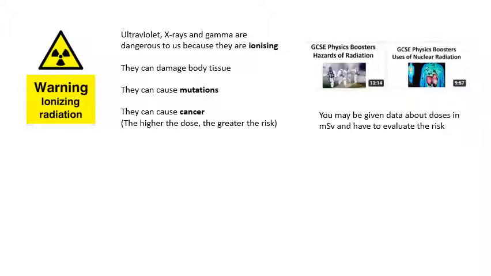So basically, ionizing radiation can damage body tissue, it can kill cells, it can cause mutations, and it can cause cancer. Cancer is when your body cells just multiply and multiply. And the higher the dose, the greater the risk.